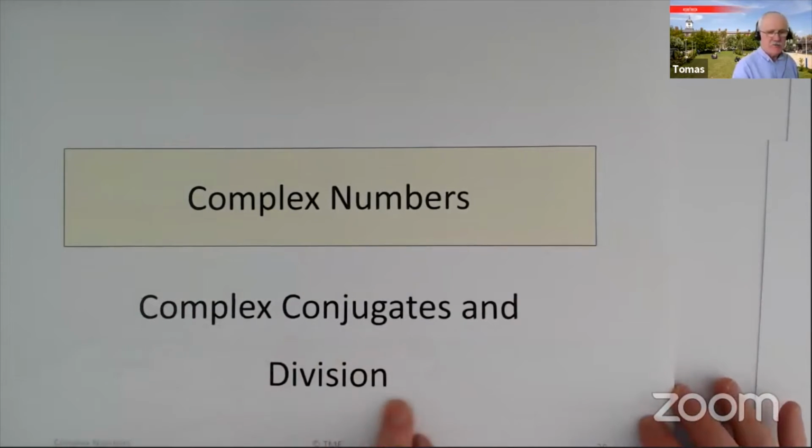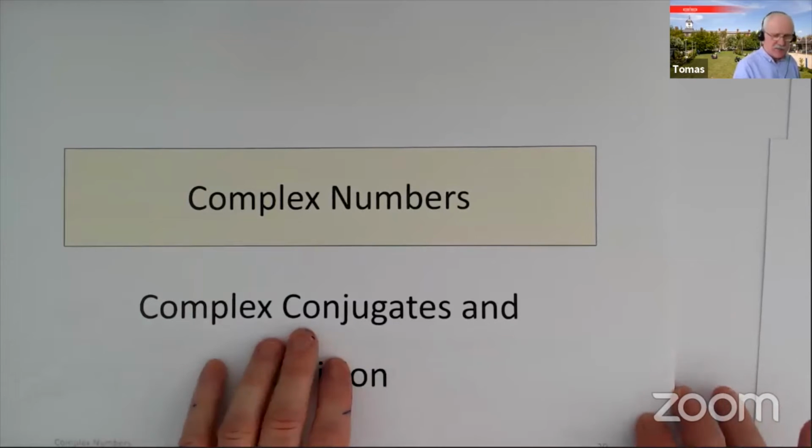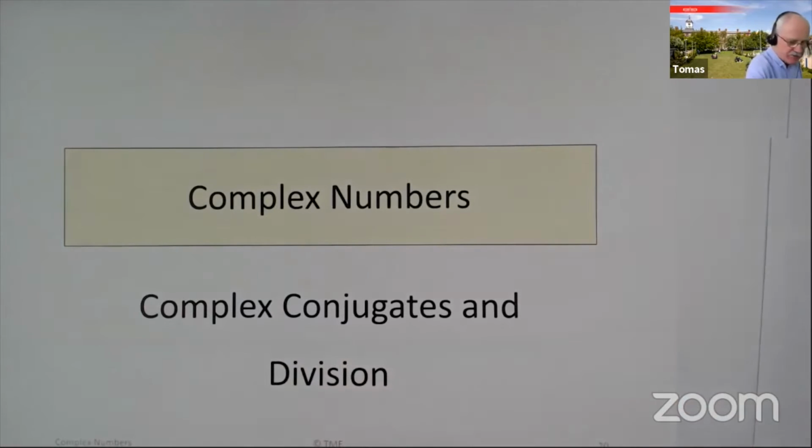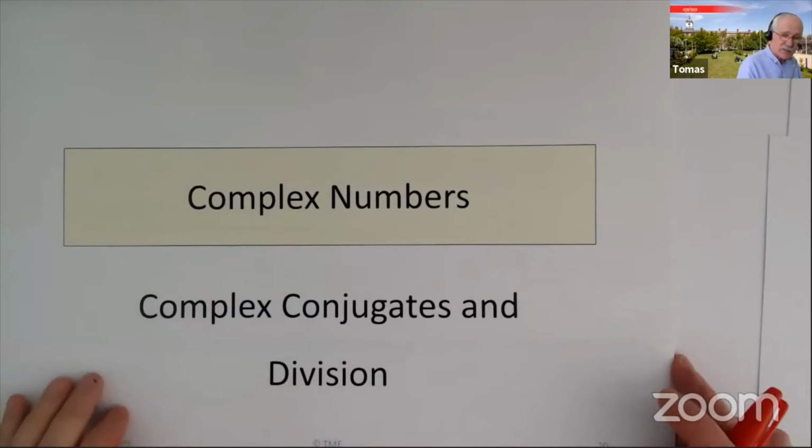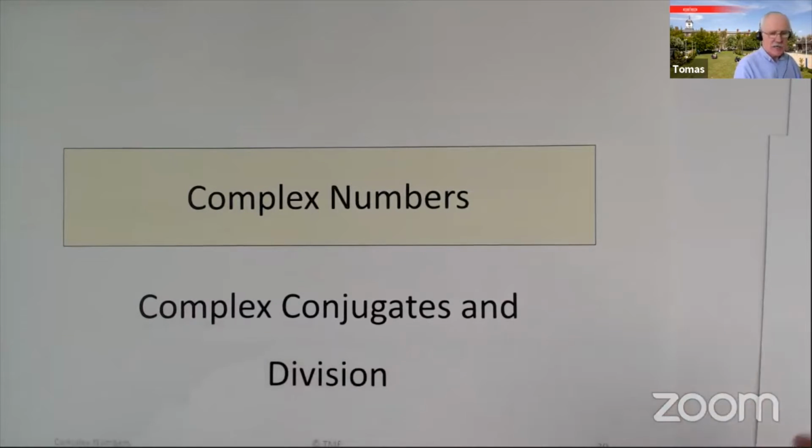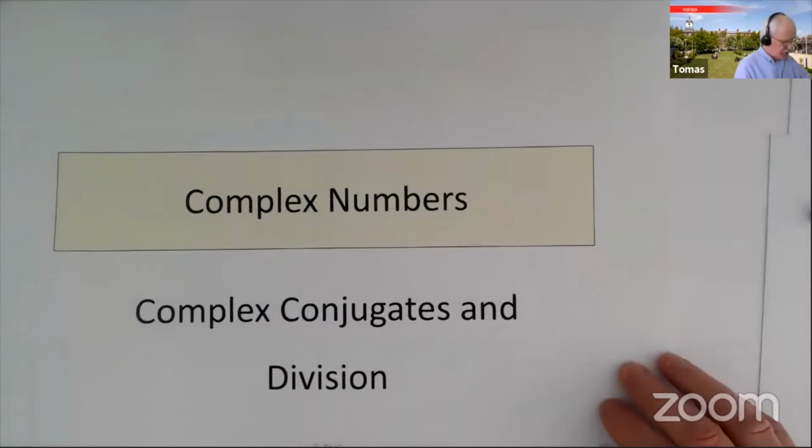In order to do division, we have to bring in this helper, this complex conjugate, this fixer that does it for us. In chemistry, you might be familiar with the catalyst that comes in, helps start a reaction, and then at the end is still there, but it sort of made it all possible in the first instance. Complex conjugate is a bit like that. It's just a useful pairing that helps us do division.